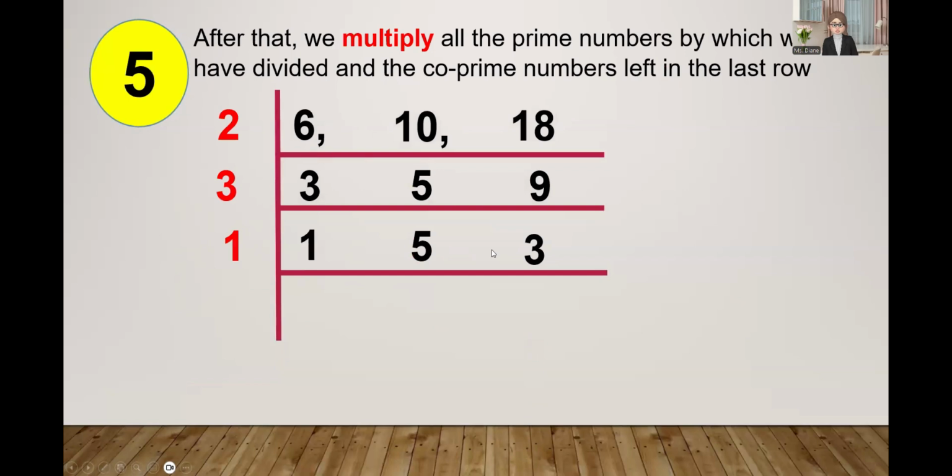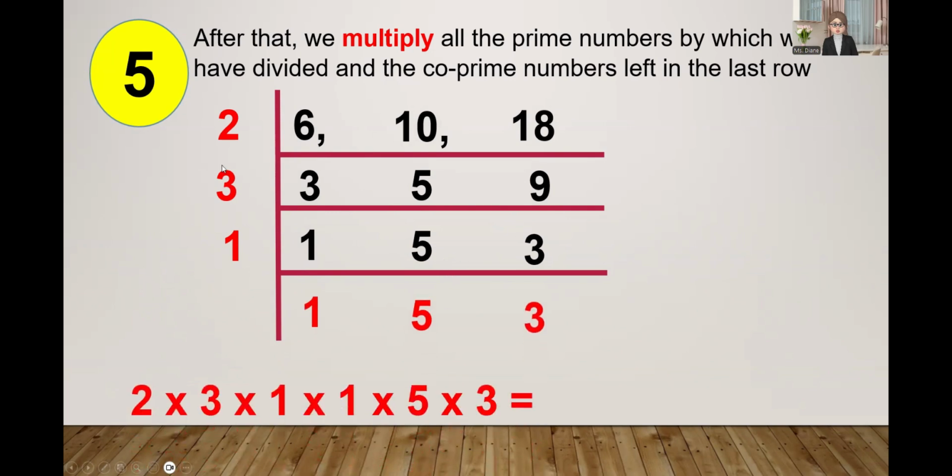Then we multiply all the prime numbers by which we have divided and the co-prime numbers left in the last row. So just bring down 1, 5, and 3 here. Then we multiply all the prime numbers, which are 2 times 3 times 1 times 1 times 5 times 3. Or you may skip 1 and 1 here, because your answer will still be the same.